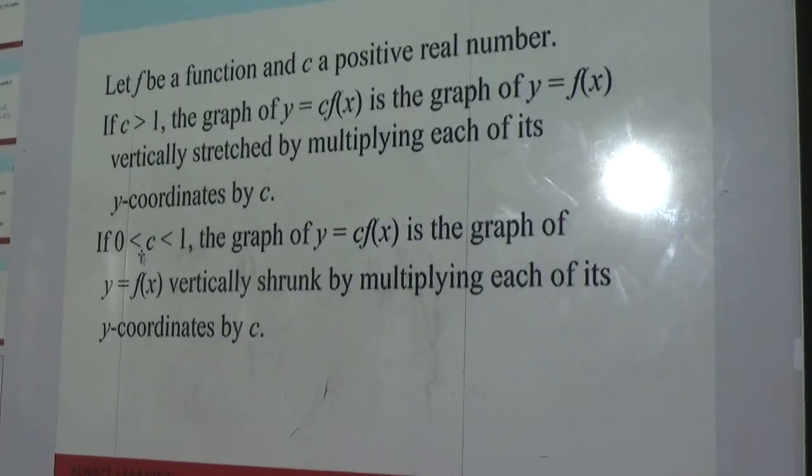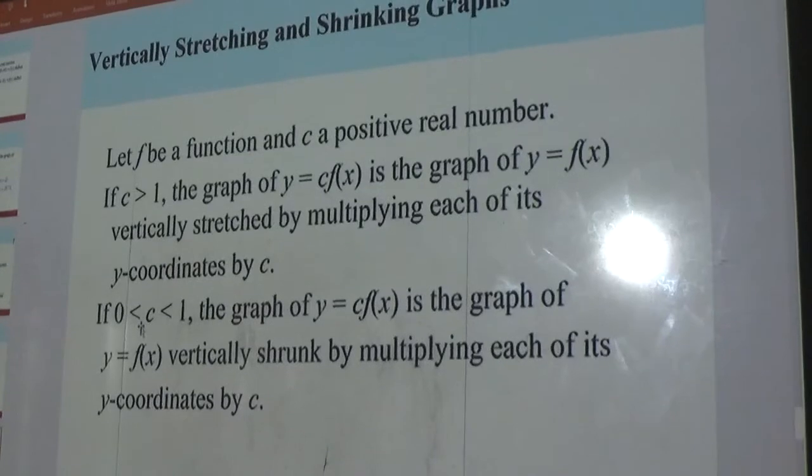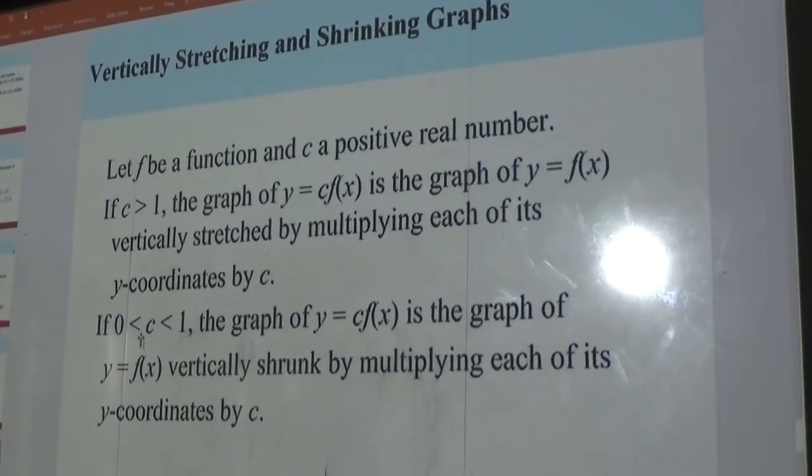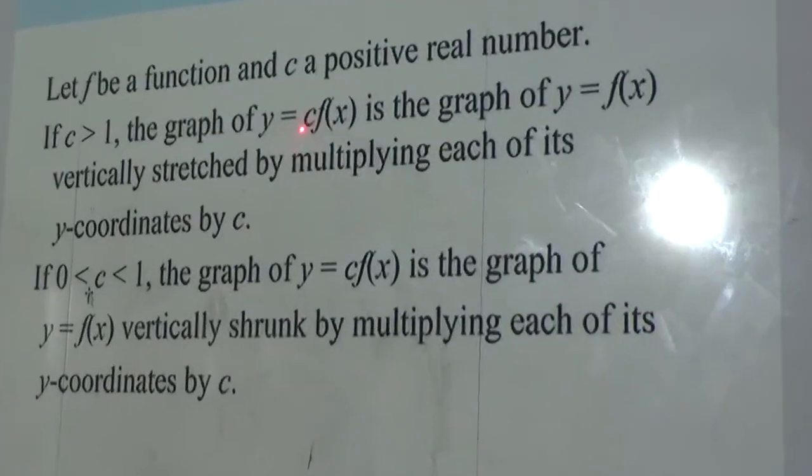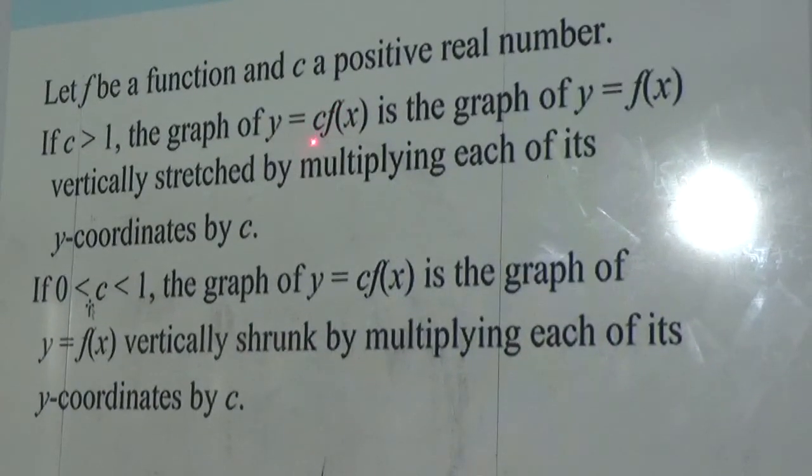All right, vertical stretching and shrinking. Let's just go through these so we have an idea of what this is. Vertical stretching and shrinking. We're multiplying the output by a number greater than 1 or between 0 and 1. Okay, the positive and negative, notice we're only using positive values here. If it was negative, that would also involve a reflection.